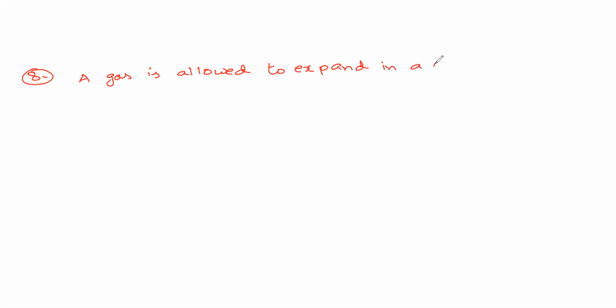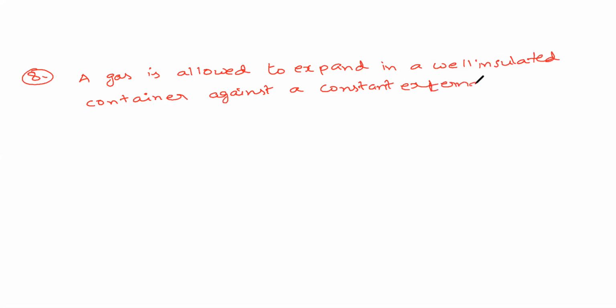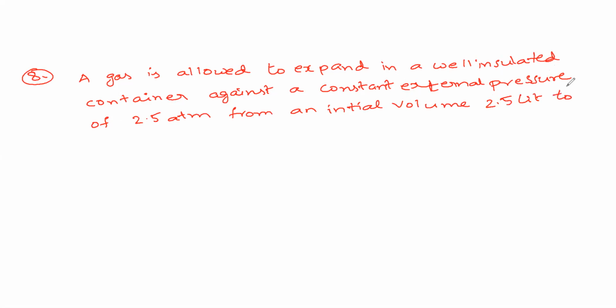A gas is allowed to expand in a well insulated container against a constant external pressure of 2.5 atmospheres from an initial volume of 2.5 liters to a final volume of 4.5 liters.